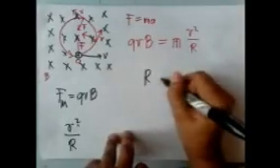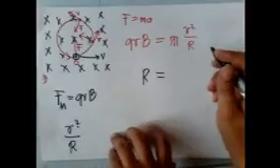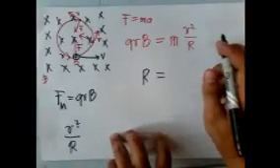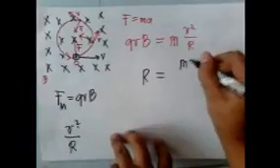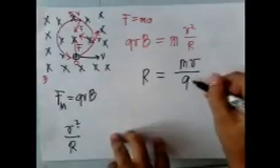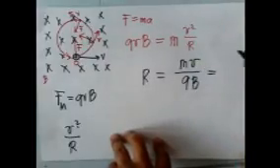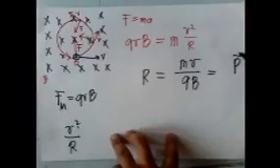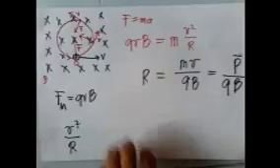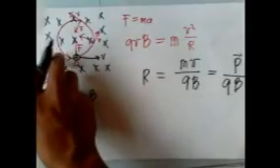Using algebra, r is equal to mv over qB, where mv is our momentum. We could express this as p over qB. So that is the radius of the circular path of the motion of the particle here.